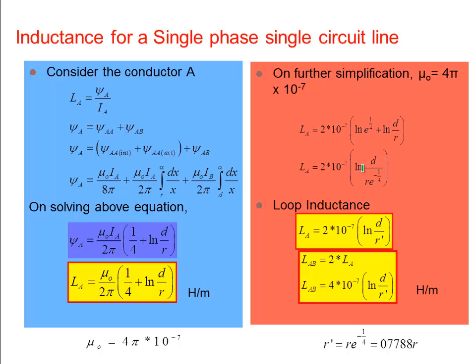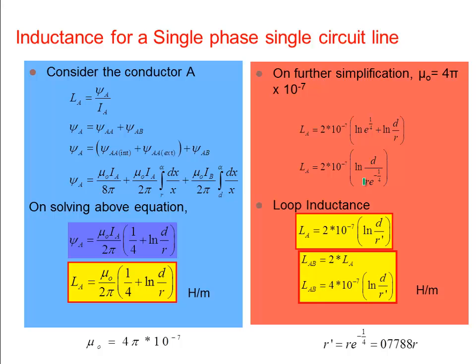So we get ln D by R e to the power minus 1 by 4. This term R e to the power minus 1 by 4 we can represent as R dash, the effective radius of the conductor. Why do we call it the effective radius?